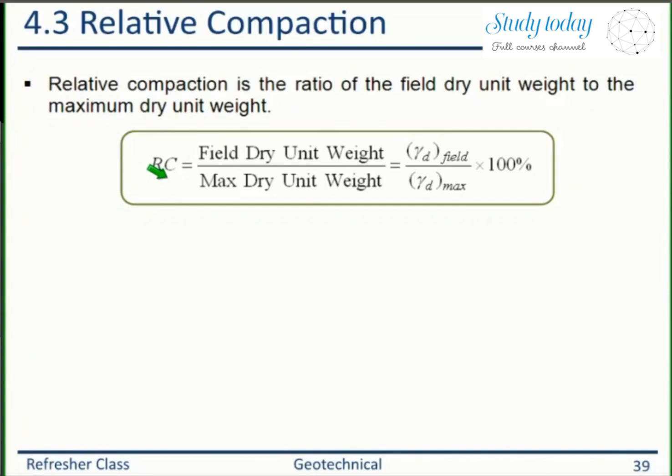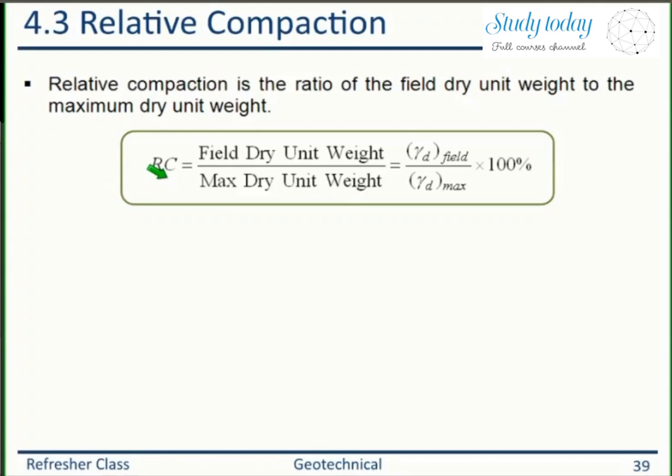If the relative compaction is high, what does that mean? It means it's good. But if your relative compaction is more than 100%, that means the tested soil in the lab and the tested soil in the field are different. Even if it is sand or even if it is clay, it's perfectly fine, Louis.